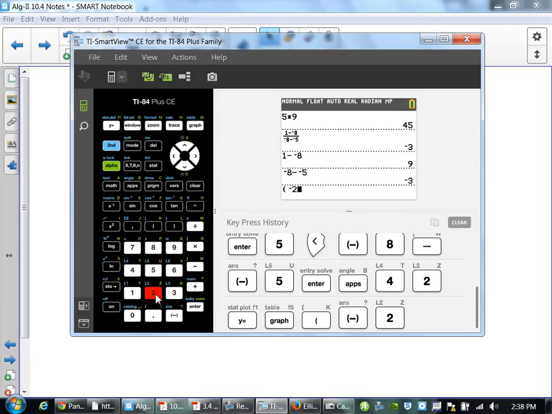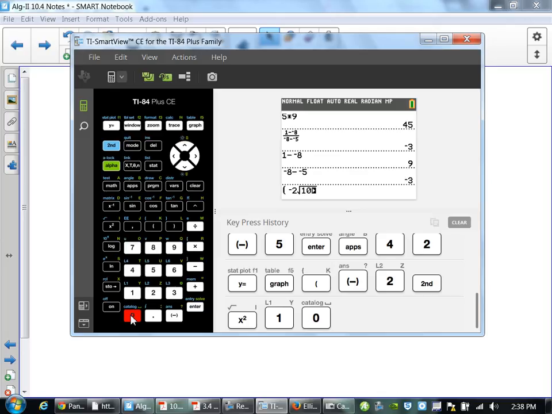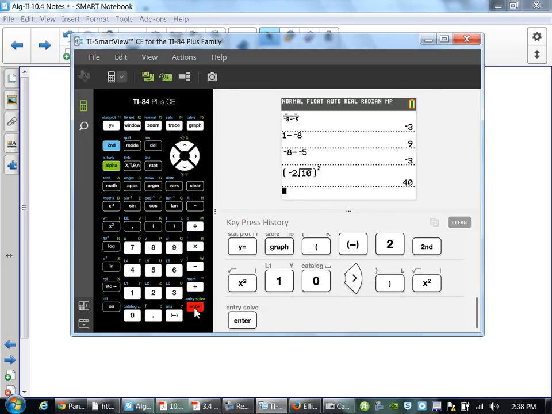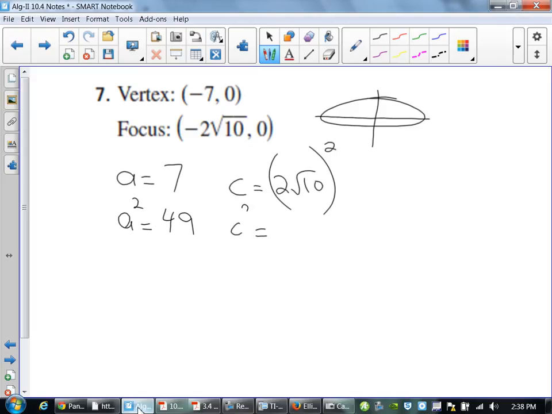Parentheses negative 2 root 10, notice you have to get out from underneath the radical. You have to move to the right, then close the parentheses, then square it. 40. That's how that one sets itself out. You just have to be very careful when you do that. It's very common for people to screw that up. So your C squared is 40.